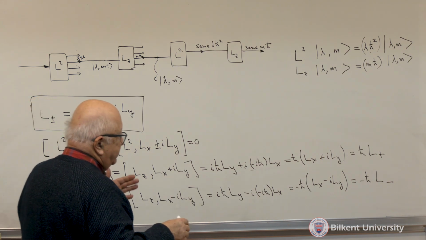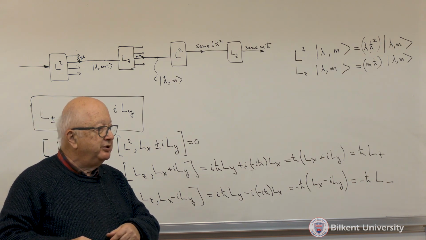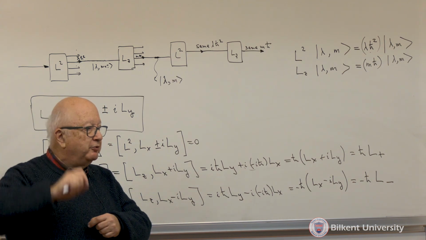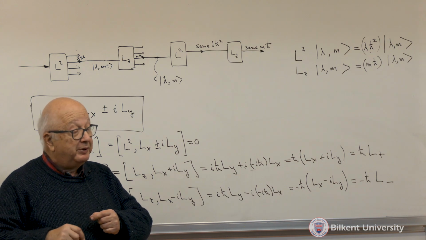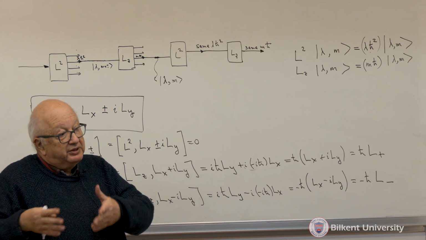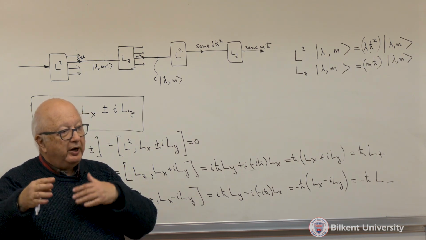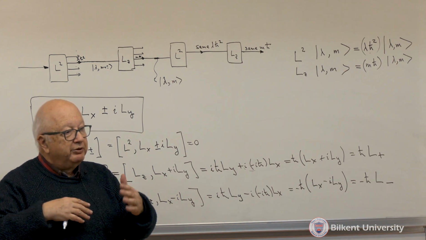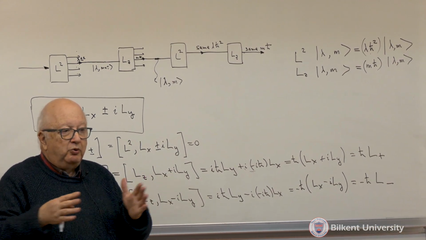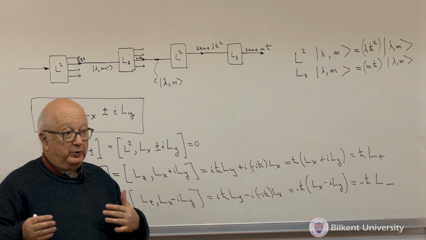So if I measure the x position of a particle to be 3 centimeters, then I measure the y position of the particle at 5 centimeters, x is still 3, y is 5. No matter which way I measure them now, I'm always going to get these two results because they commute. They are compatible measurements and they don't interfere with one another.